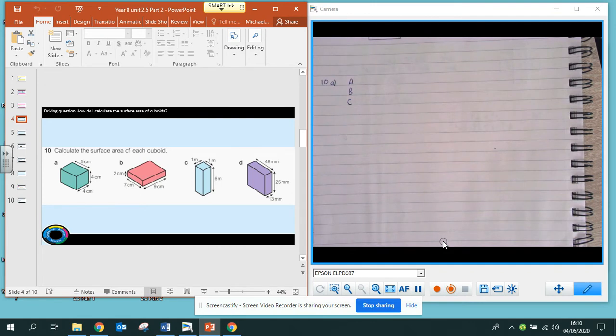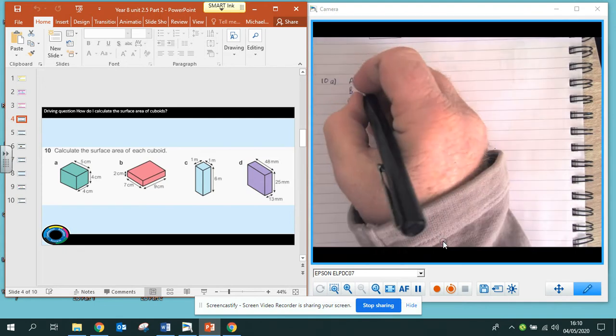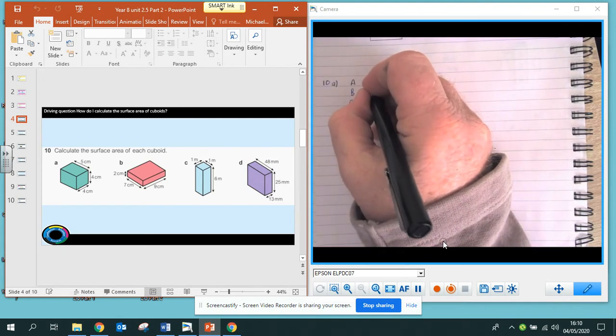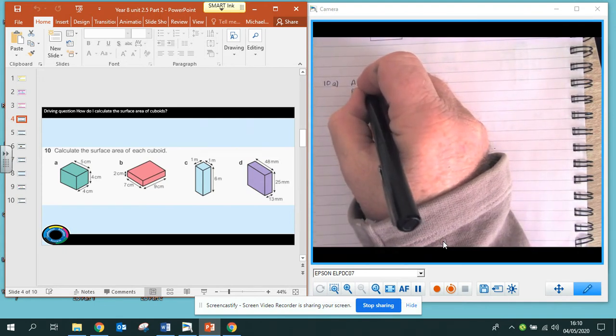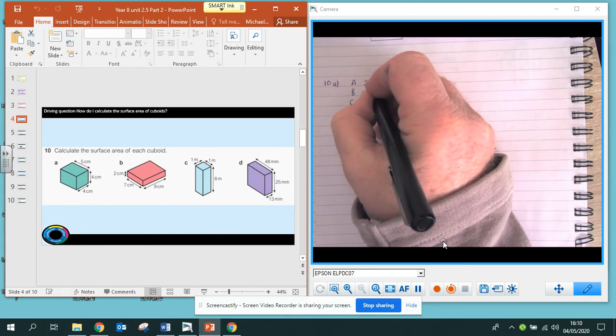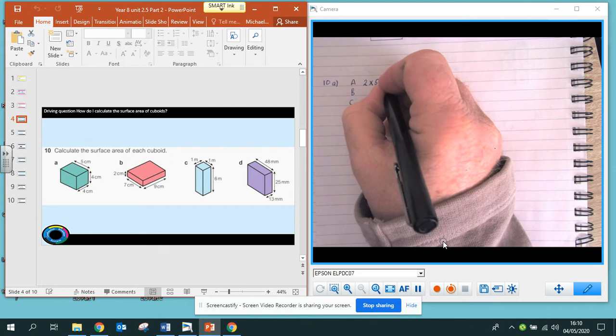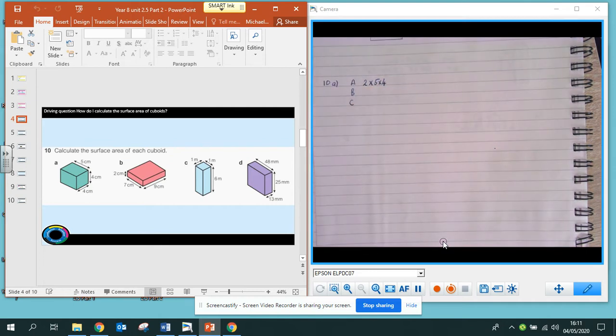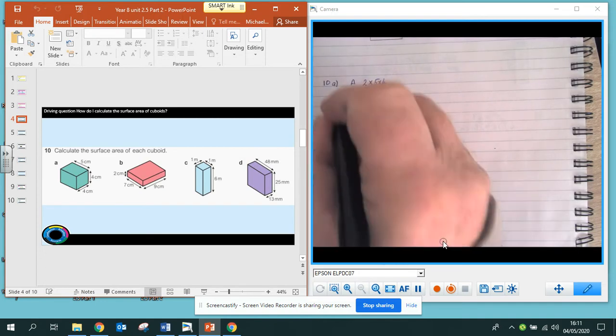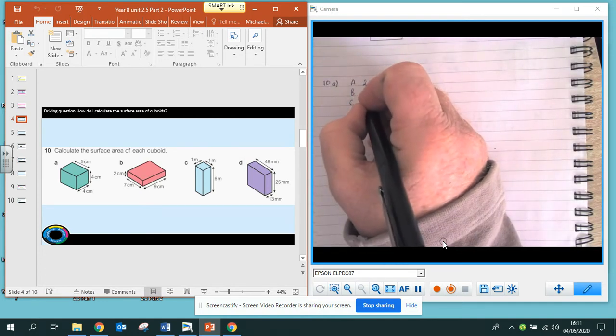A is my plan. So looking down on it from above, I'm going to have a rectangle, or 2 rectangles, because there's one on the top, one on the bottom. 2 times 5 times 4. That will be A. B, the front elevation. So there'll be a front and a back.